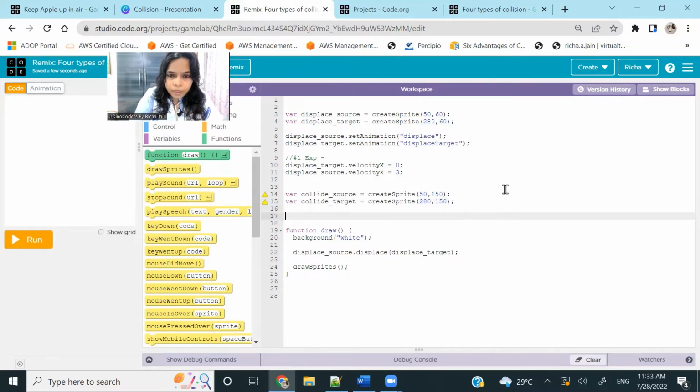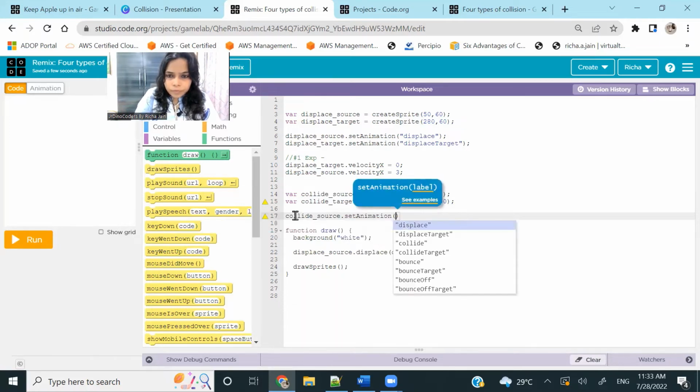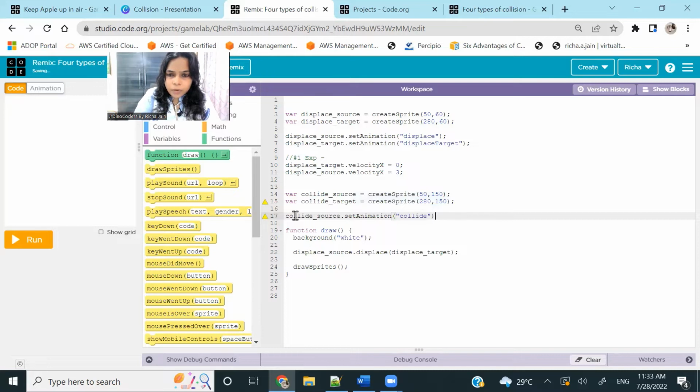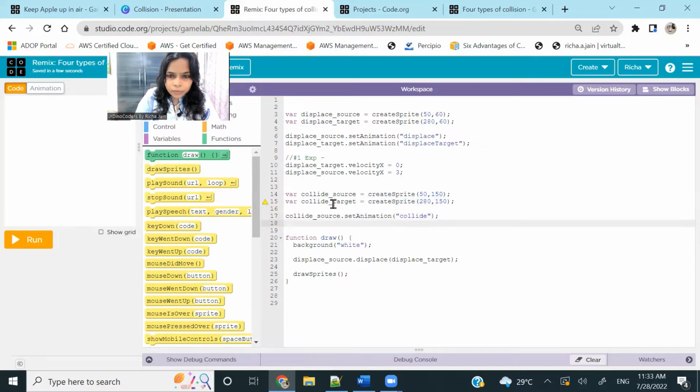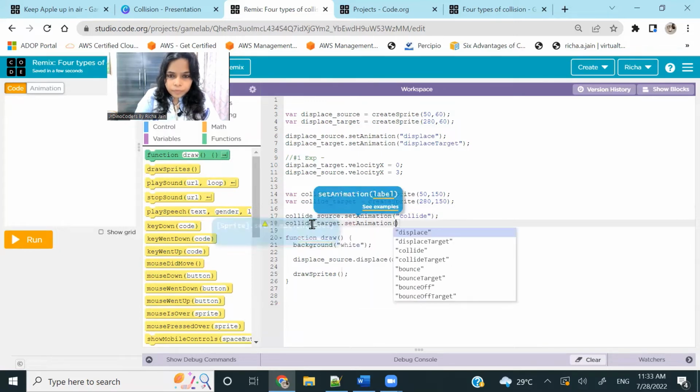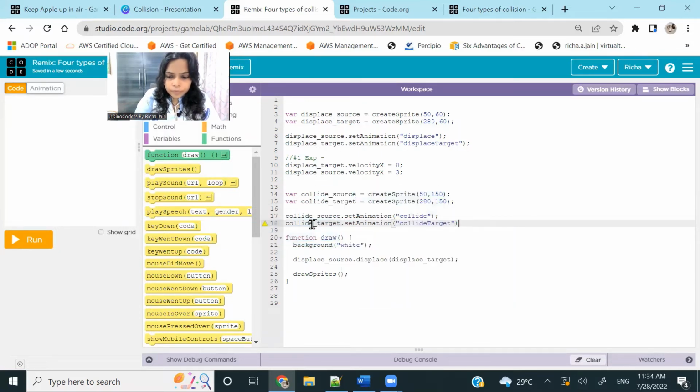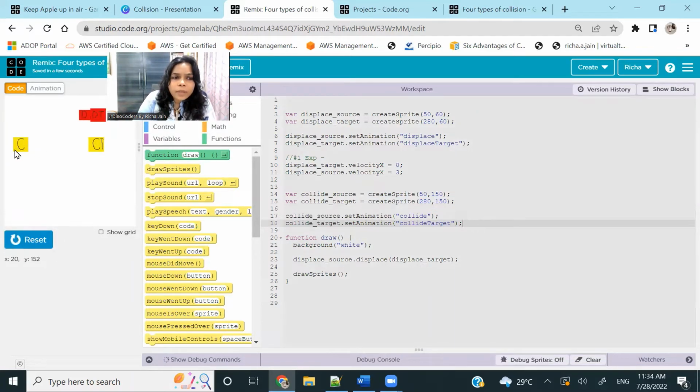Let's give them animations, and the other one will be target. Okay, let's run it. Yes, here we have collide source and collide target.